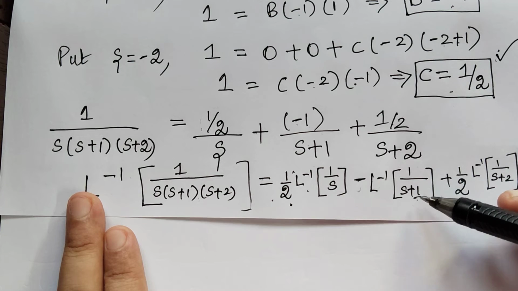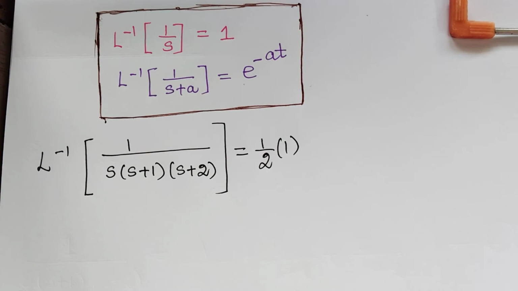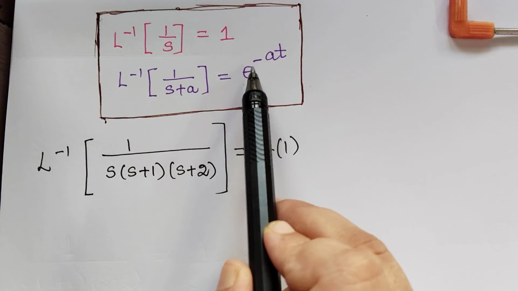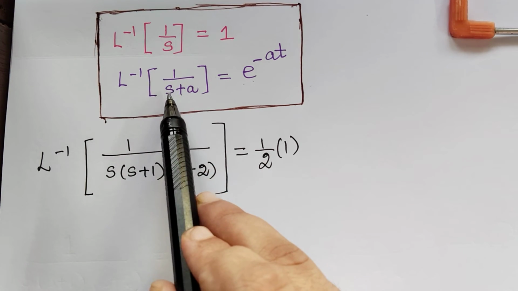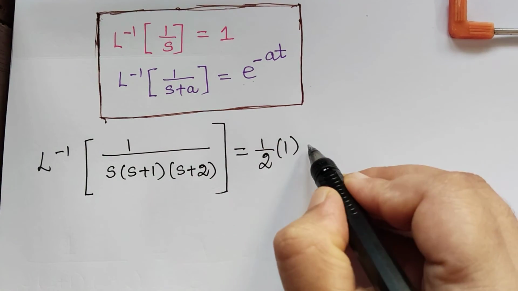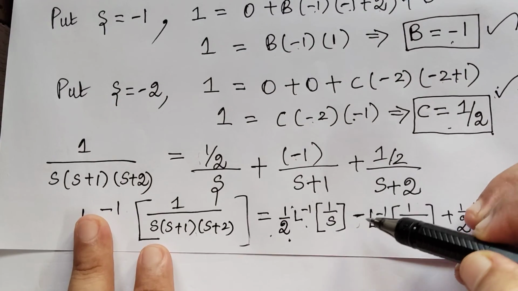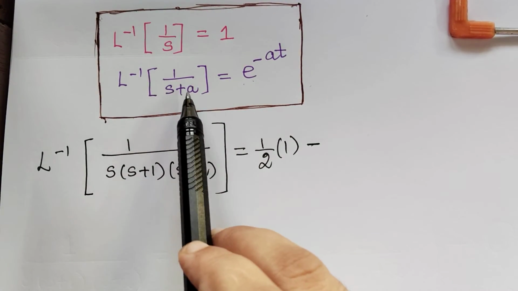Here the 1 is the value of a in the formula. That is, we know that inverse Laplace transform of 1 by s plus a is e to the power minus at. Now we want the inverse Laplace transform of 1 by s plus 1, which means the value of a is 1, and so here we have minus. What will be the inverse Laplace transform of 1 by s plus 1?